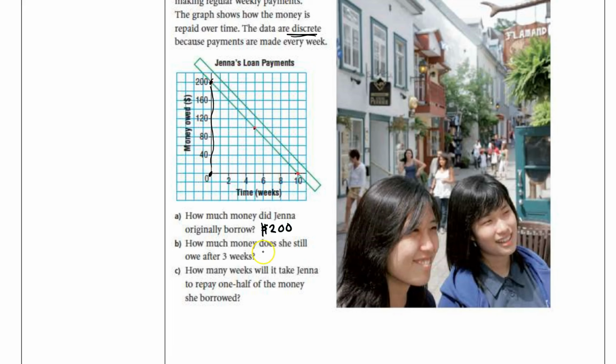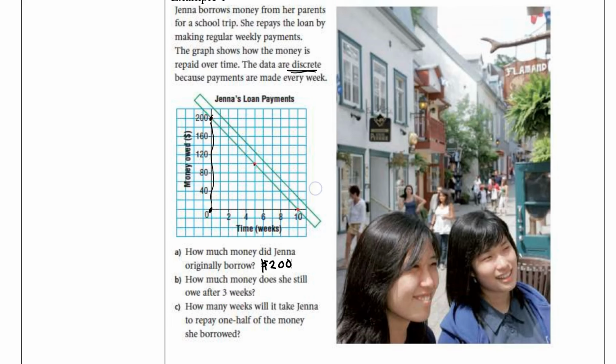How much money does she still owe after 3 weeks? So then I would go into my time in weeks. Here's 3. And I would go up here. And I would see, it is between 120 and 160. So that would be 240. Sorry, 140, not 240.